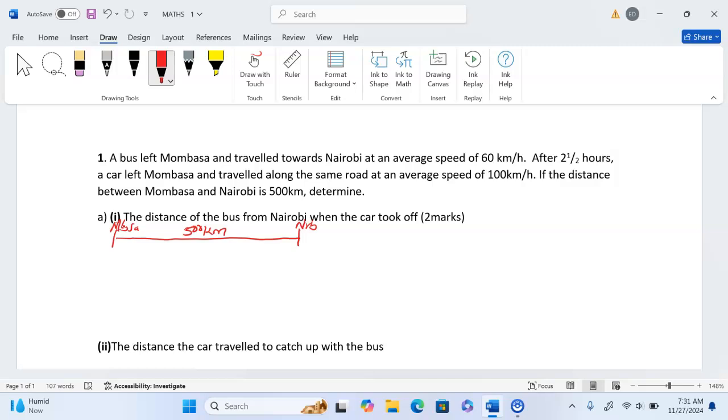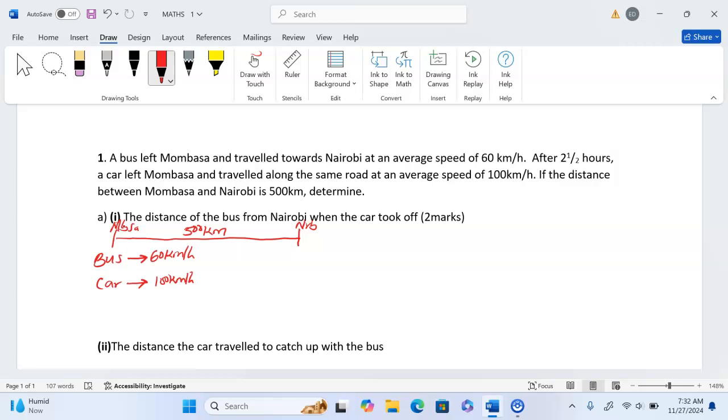We have a bus leaving Mombasa and moving towards Nairobi at an average speed of 60 kilometers per hour. 2.5 hours later, we have a car leaving Mombasa, moving at a higher speed of 100 kilometers per hour. So we are supposed to calculate the distance of the bus from Nairobi when the car took off.